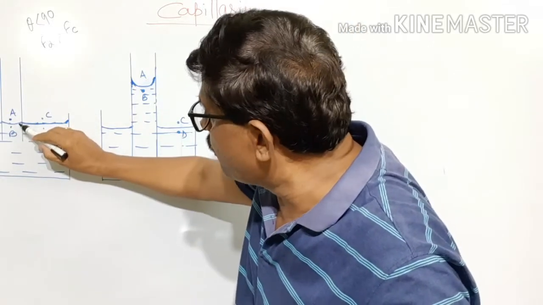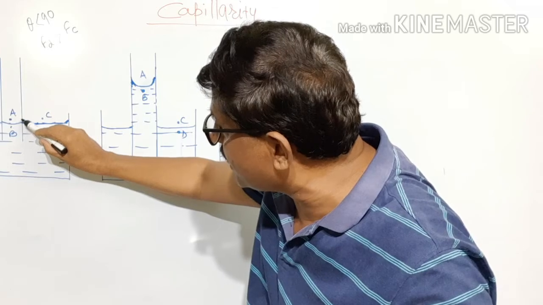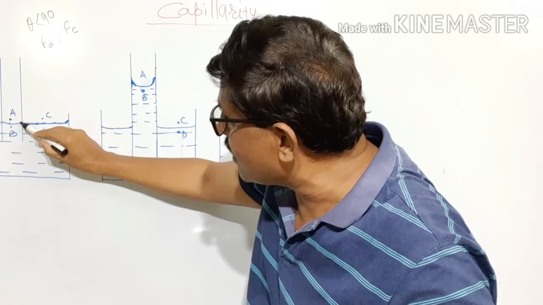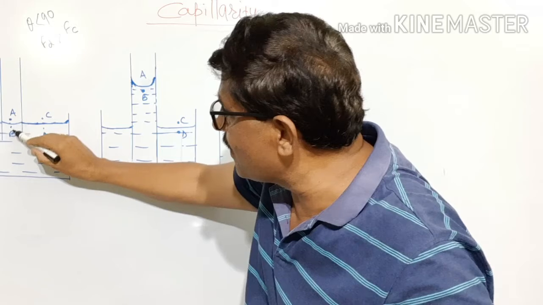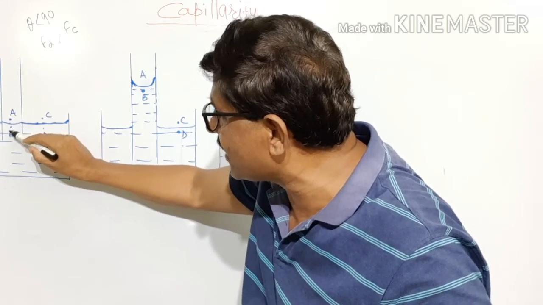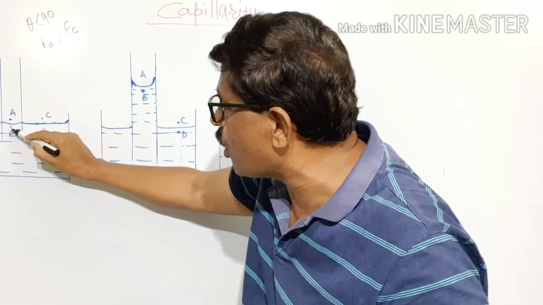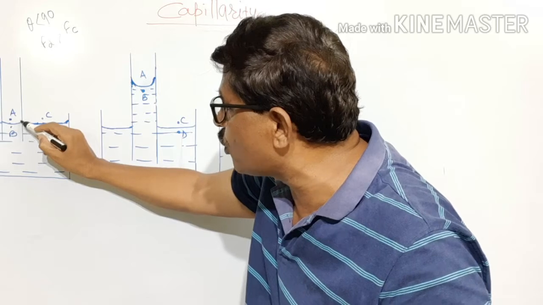The molecules which are in contact with the solid are attracted by the solid adhesive force, and the remaining molecules which are away from the surface are attracted by the cohesive force. The cohesive force is smaller and the adhesive force is more.